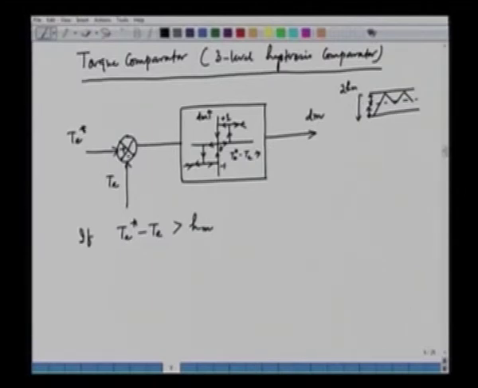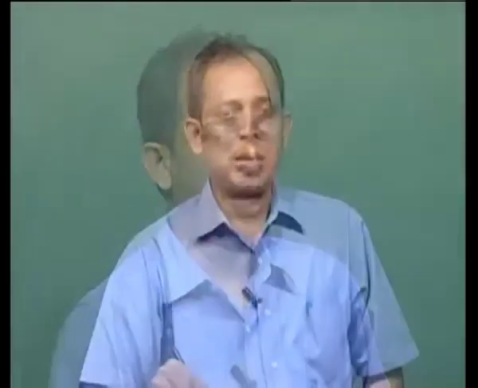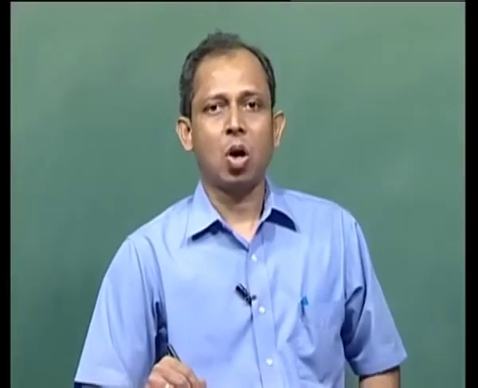So, if T e star minus T e is higher than Hm, then the torque status dm is equal to 1. It means the reference torque is becoming more than the actual torque, or in other words, the actual torque is coming below the reference torque by more than an amount Hm, and hence the torque has to be increased.